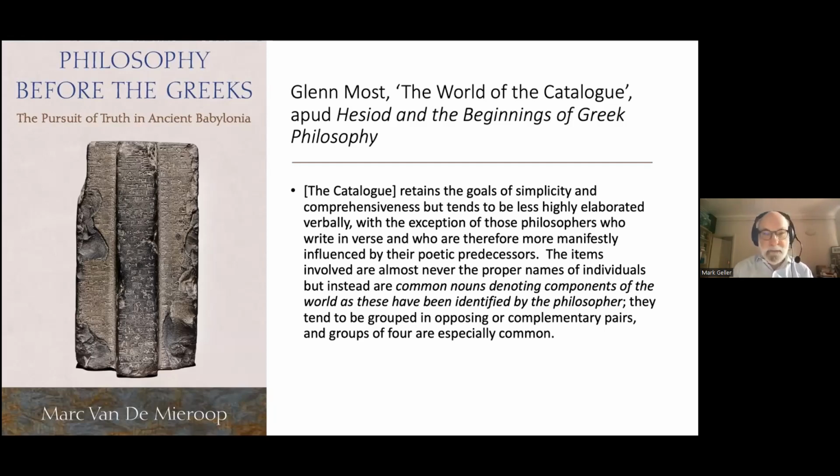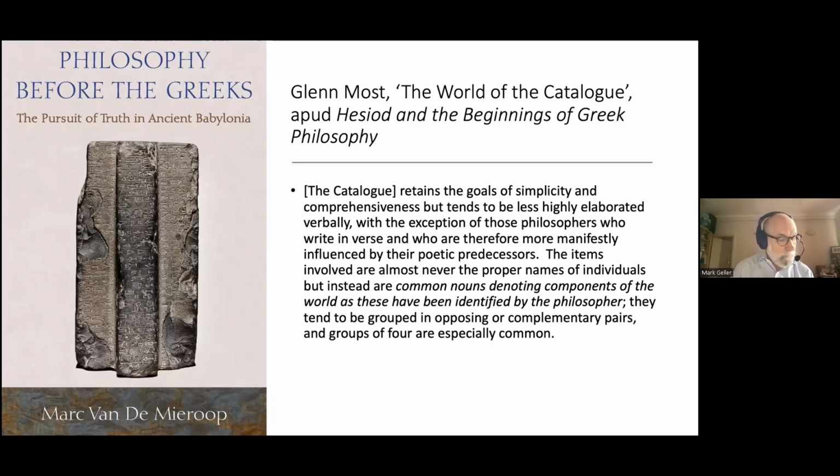Now, this brings us back to this central question. Did the Greeks have Listenwissenschaften? Now, it turns out they did, in limited ways. Glenn Most recently sent me his most recent article on catalogs in Greek tradition. And this begins with Homer's famous catalog of ships and Hesiod's catalog of women. Now, this looks like Listenwissenschaften.